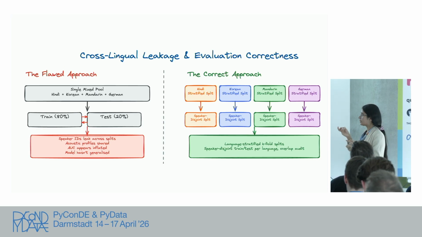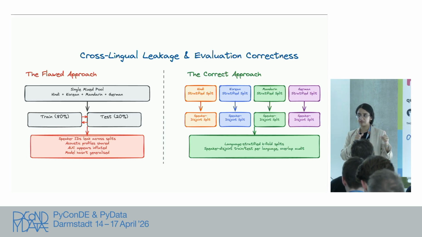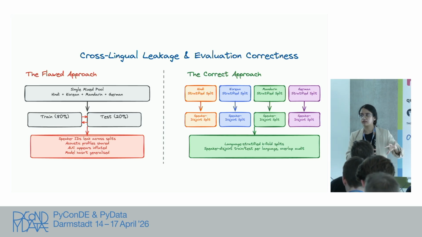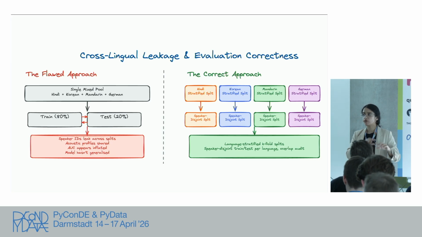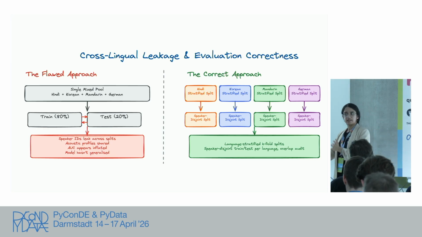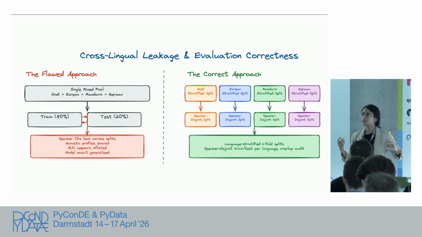At the same time, every language has different, varied speakers. If speaker A is speaking in Hindi, he or she should not be speaking in English, because the model is going to converge and say, hey, this speaker has spoken previously, so it's more likely to be a deepfake audio sample.